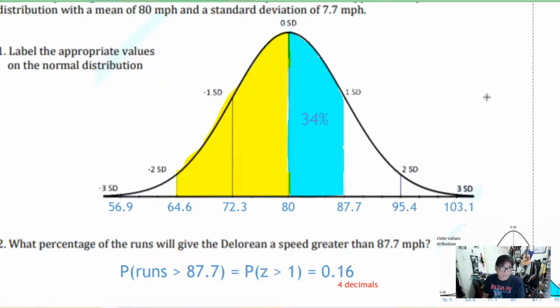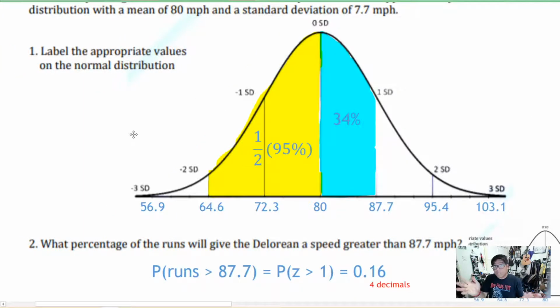Now on the other side, the yellow one, I don't really know this yet, but I know that within 2 standard deviations is 95%. Just like with the 34%, I'm only taking the lower half, so I have half of that 95%, which is 47.5%.